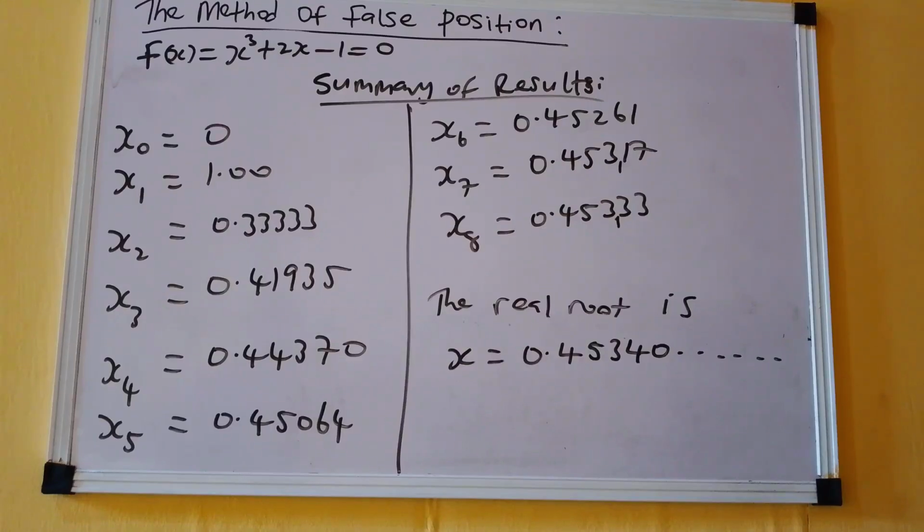I'll be bringing another topic in our next class, and we shall be looking at numerical differentiation. There is a formula for numerical differentiation, and that formula is gotten using the Newton's forward interpolation formula. We use the Newton's forward interpolation formula and the Newton's backward interpolation formula for numerical differentiation.